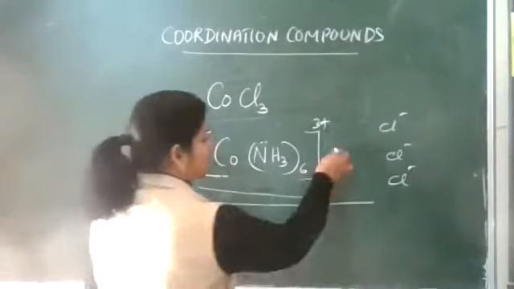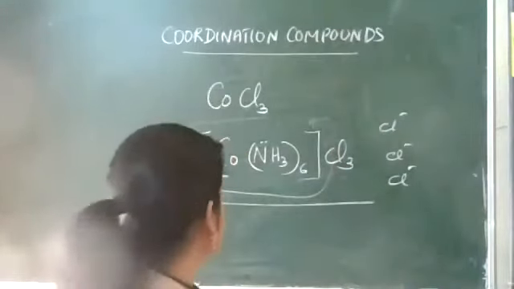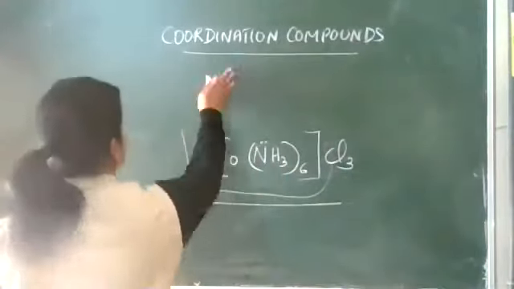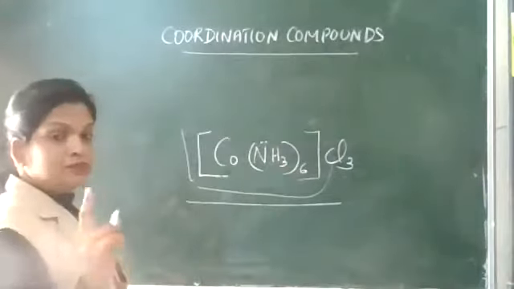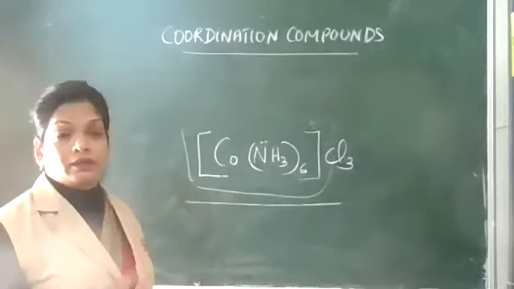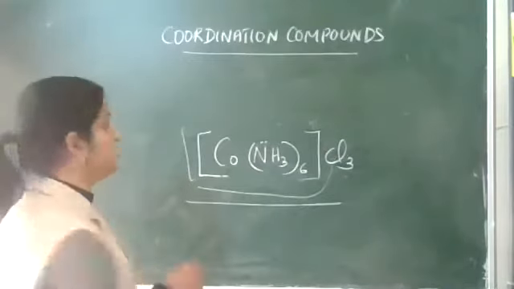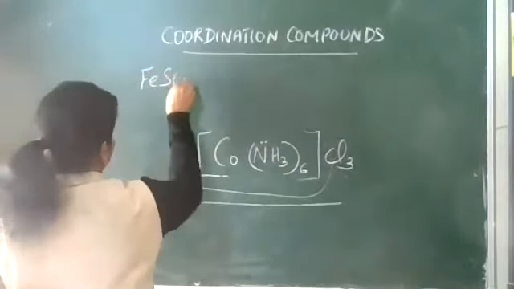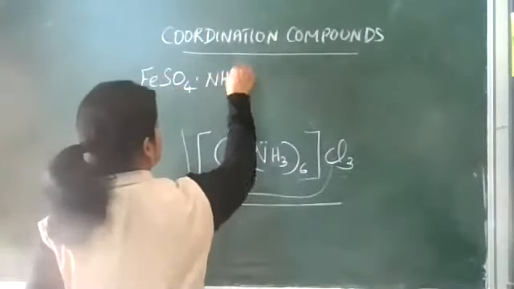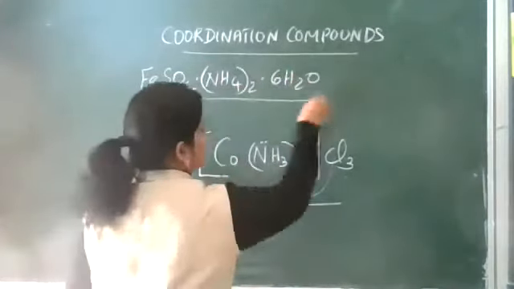Like this, you see, this is a big thing I have written here. Like this, you must have seen the double salt. For example, Mohr's salt, with which you did a titration. In titration you took it in the burette and conical flask. Mohr's salt is FeSO4.(NH4)2SO4.6H2O. This is a double salt.